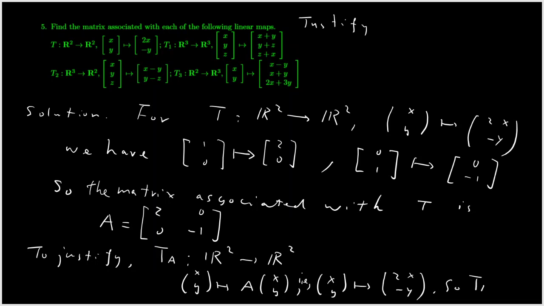So T sub A, the linear map associated with A, is indeed the given linear map T. We'll do this question only once, just to convince you that the matrix found that way indeed determines the given linear map.